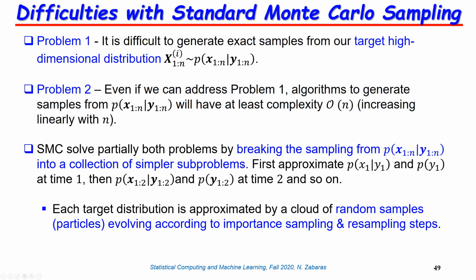And then at time 3, I'm going to reuse whatever Monte Carlo samples I have for this distribution at time 2, and only find a way to sample my third variable at time 3 and keep going that way, in a way that keeps control of the complexity of the problem. So what we're going to do is this with sequential importance sampling, and using also what we will call later on resampling steps.